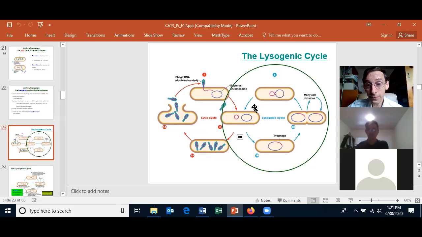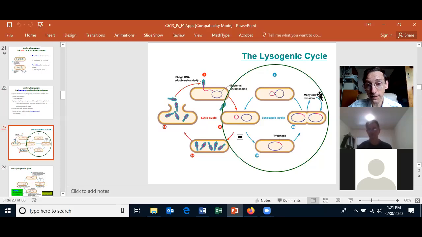If it enters the lysogenic life cycle, the genome of the bacteriophage incorporates into the genome of the host cell, and that's called the prophage. The only time the prophage replicates is when the host cell replicates its DNA, and then each daughter cell will carry the lysogenic virus, meaning the genome of the virus.